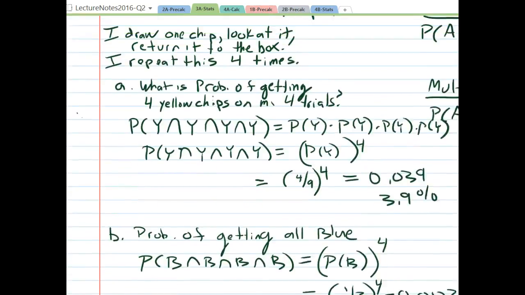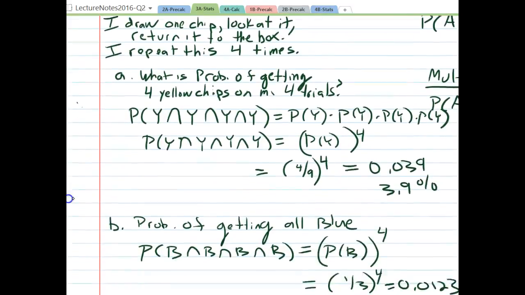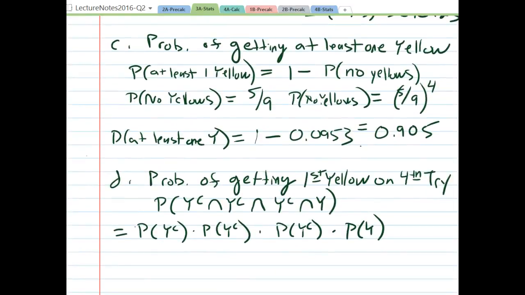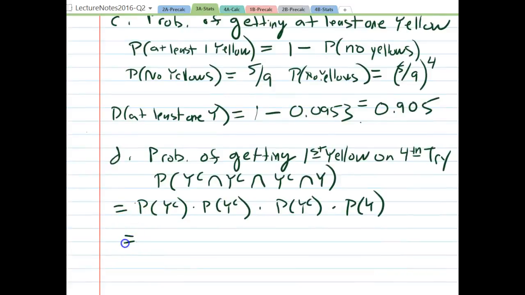Now what are those probabilities? The probability of not getting yellow is 5/9. The probability of getting the yellow is 4/9. So basically what I have is 5/9 to the third power multiplied by 4/9. And that's going to be my overall probability of that sequence of events: no yellow, no yellow, no yellow, and then yellow.